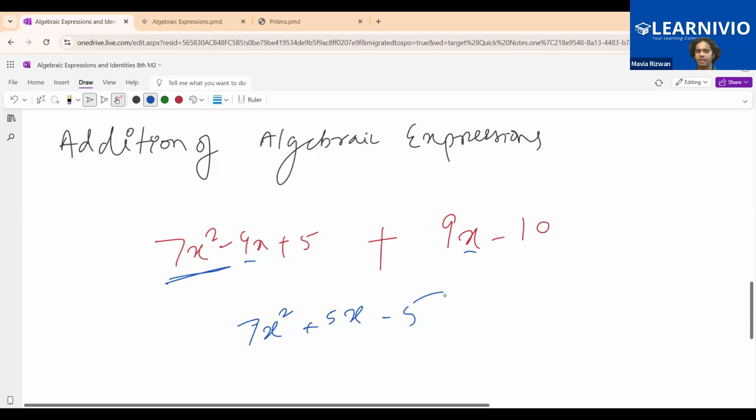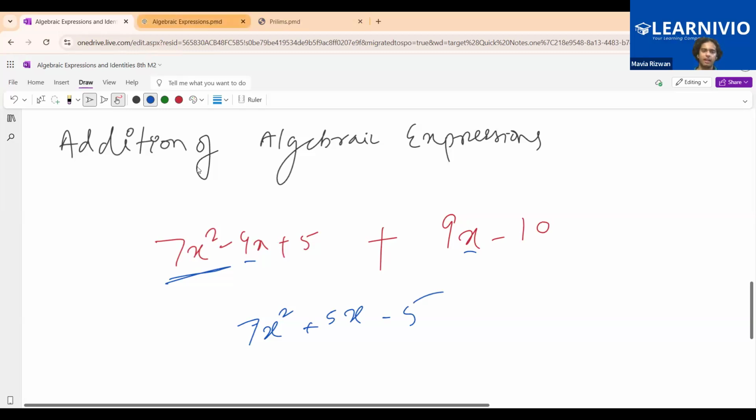This is pretty basic. I guess we have done this in the previous classes as well. Yes, sir. Simple equations and all. Manisha, Priyanka, any doubts in this? No, sir. Okay, great.